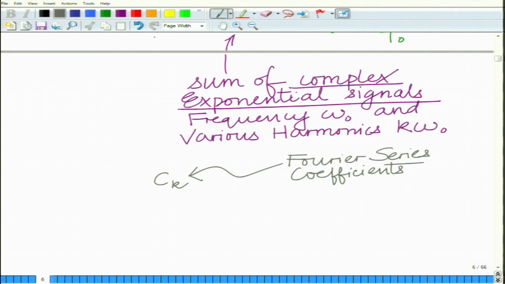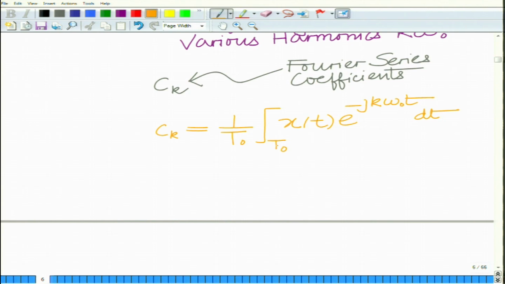And these C k's can be obtained as follows: C k equals 1 over T naught, integral over any fundamental period T naught, any contiguous duration that spans T naught, of x(t) e raised to minus j k omega naught t dt.